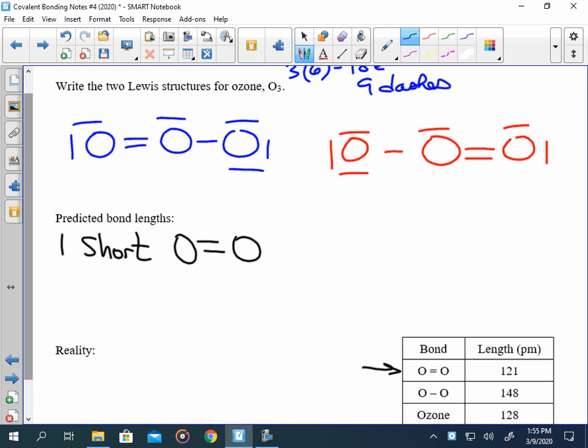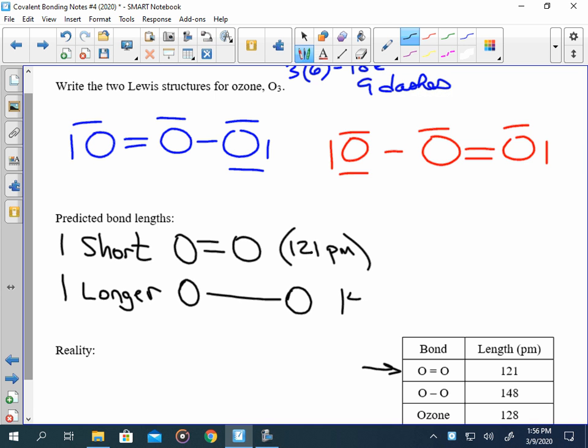And you see down here, the bond length is listed as 121 picometers. And I would predict one longer, and I'll draw it a little bit longer, O to O single bond at 148 picometers.